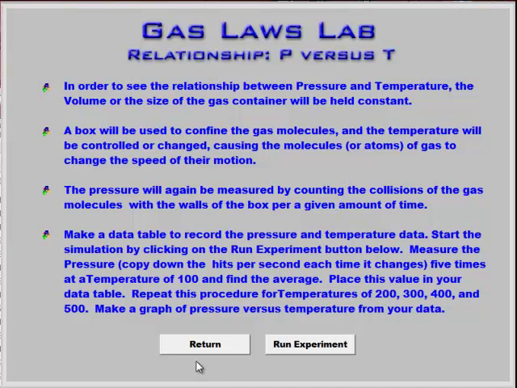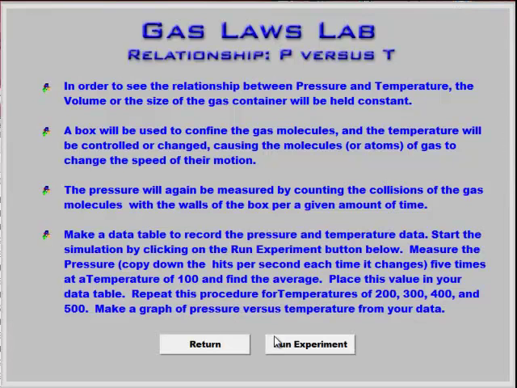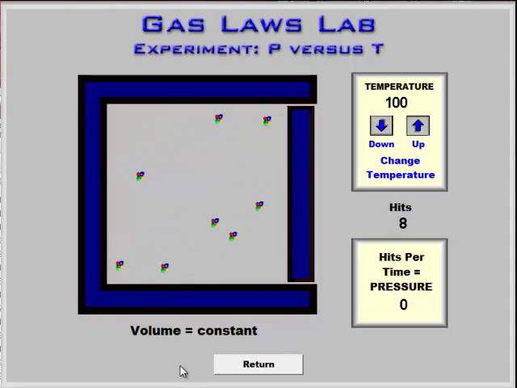Next one is pressure versus temperature. Now we see that the volume will stay constant, but we can increase the temperature. And again, each time we increase the temperature, we can measure the pressure by taking the hits per time.